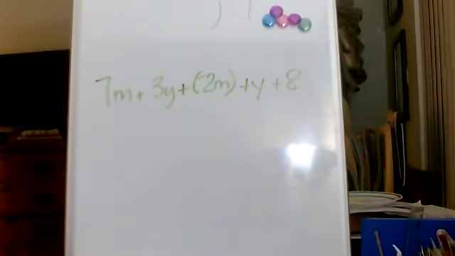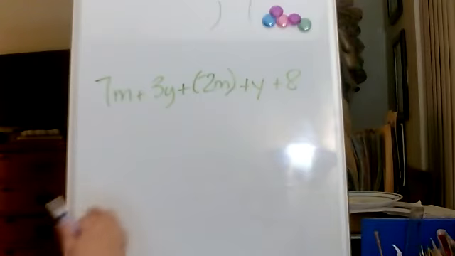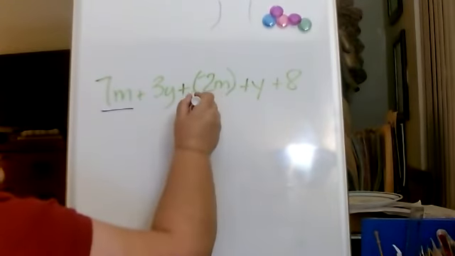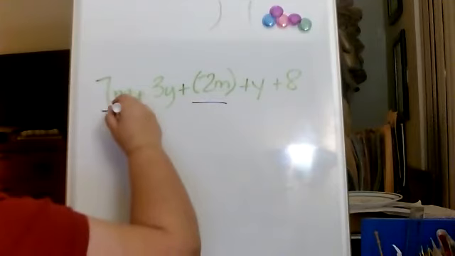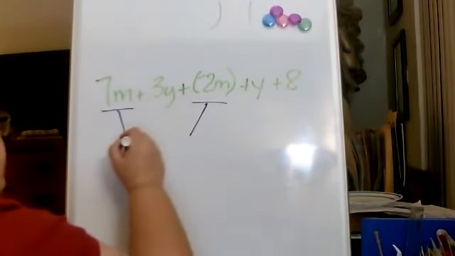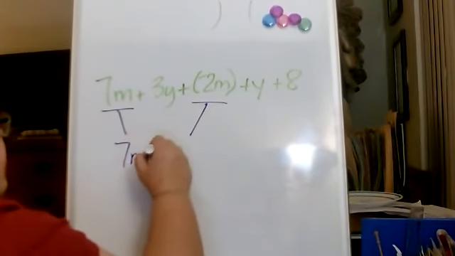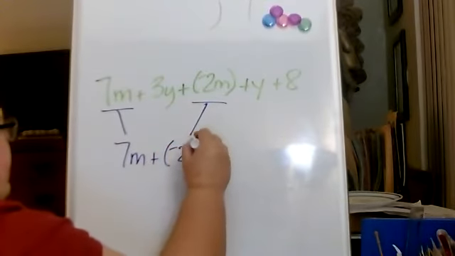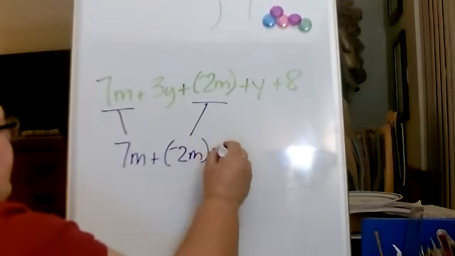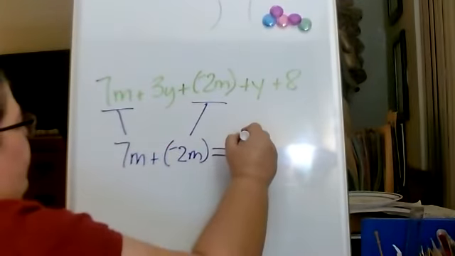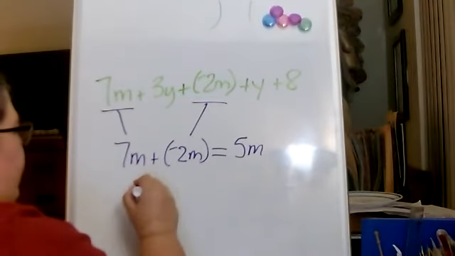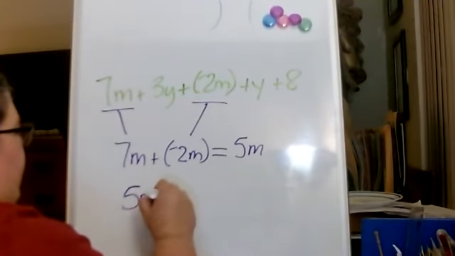I'm going to say these right here, 7m and 2m. And so when we bring these down, 7m plus negative 2m, you're going to get 5m. So you're going to start off with 5m plus.